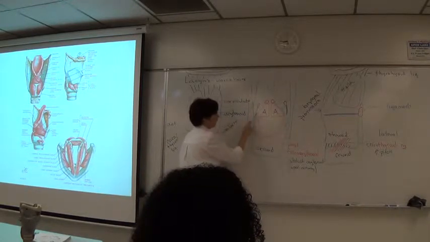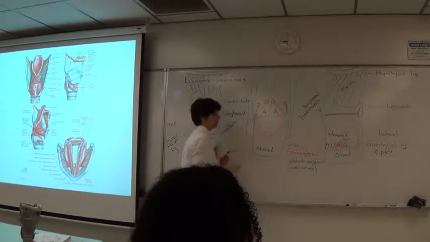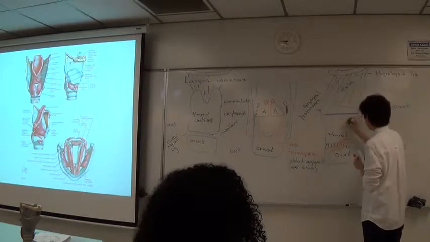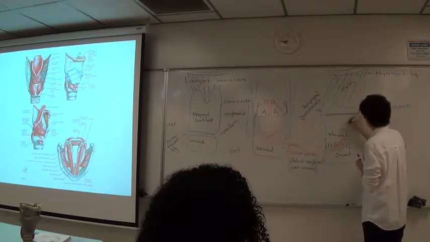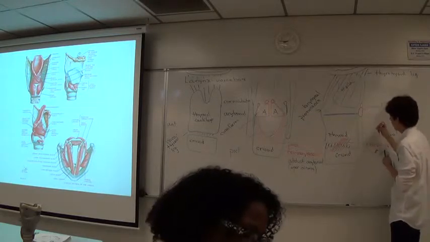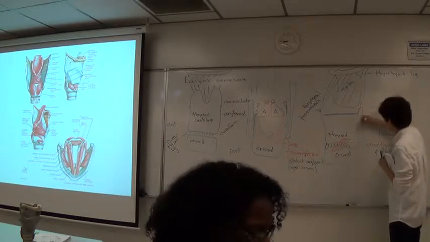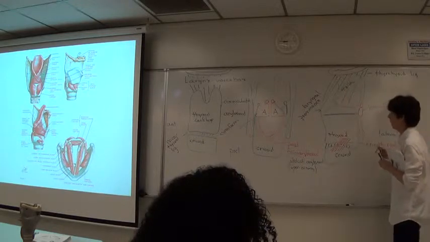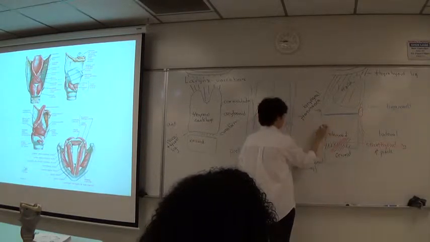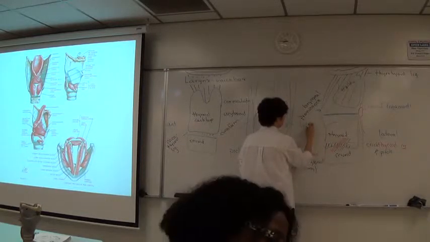So between the thyroid and the cricoid cartilage laterally. So we're going to see them kind of like this. Whereas the posterior, we're doing this. So these are the lateral cricoarytenoids, and they do the opposite effect. They close.